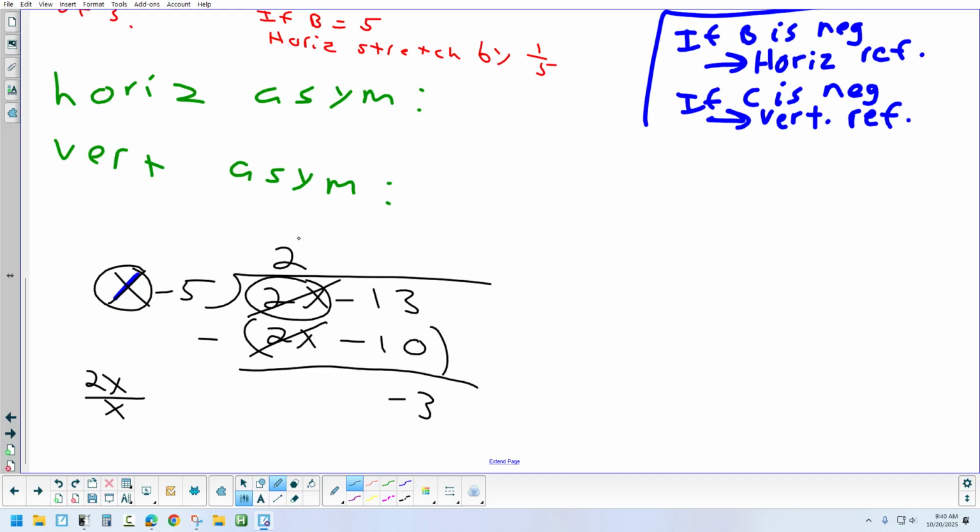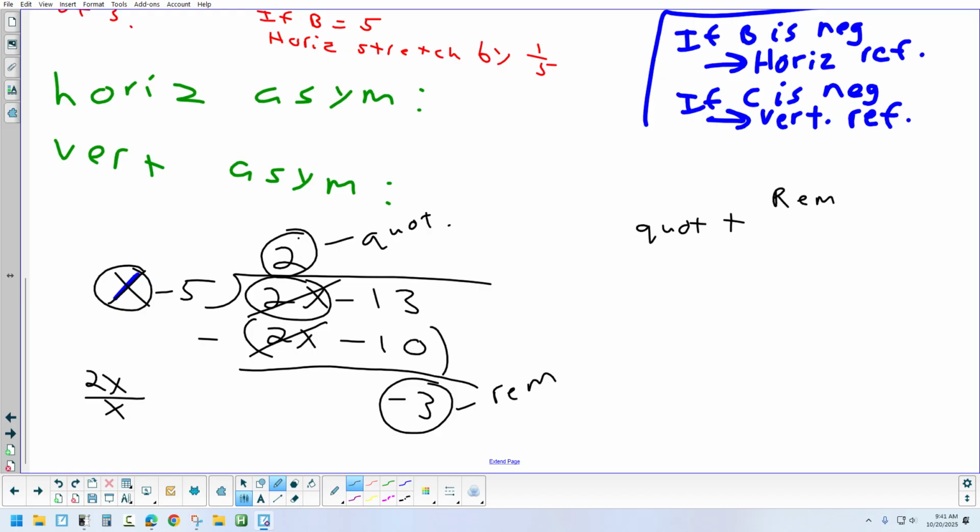What do we call this part of my answer right here? That's my remainder. And what do we call that part? Quotient. When you write your answer with long division, this is how I showed you to do it. Quotient plus remainder.